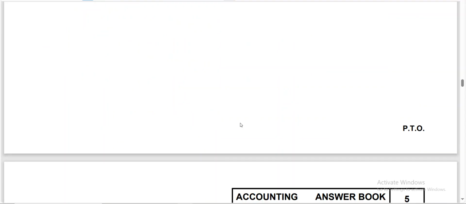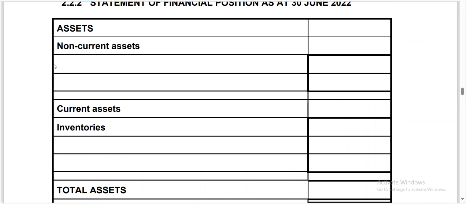And then after this, you go to the format of your balance sheet. Remember, under your balance sheet, you are supposed to have fixed assets here, and then after that, we are supposed to have our financial assets. This will help you to develop confidence to know what to include. And then under current assets, we are going to have trade receivables.